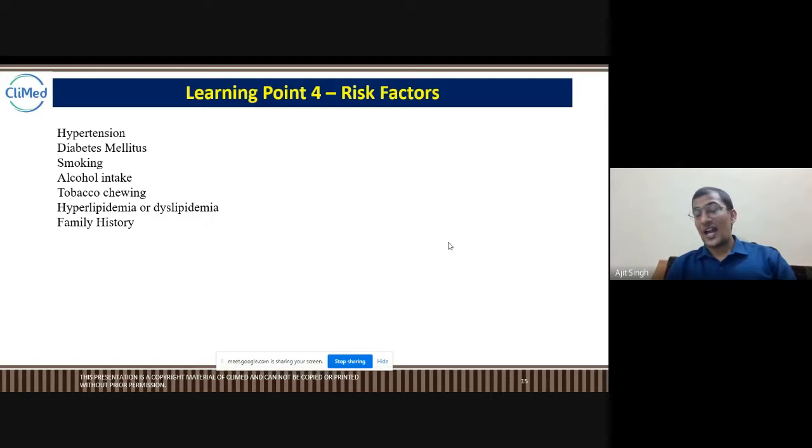You can understand hyperlipidemia is directly associated with sedentary lifestyle, your food intake, and your anxiety as well. And it could be genetic as well. So these are not only one thing, these are associated with other lifestyle modifications or lifestyle adaptations as well.